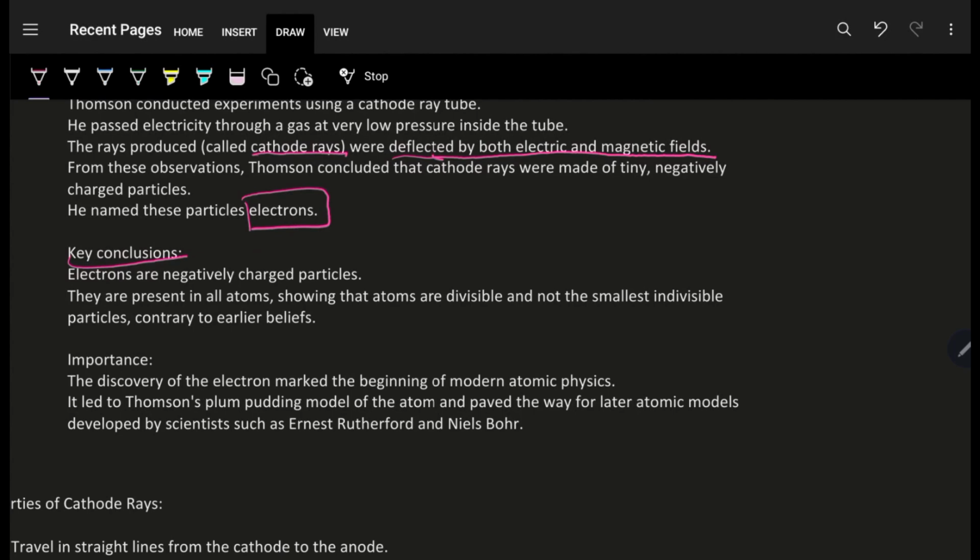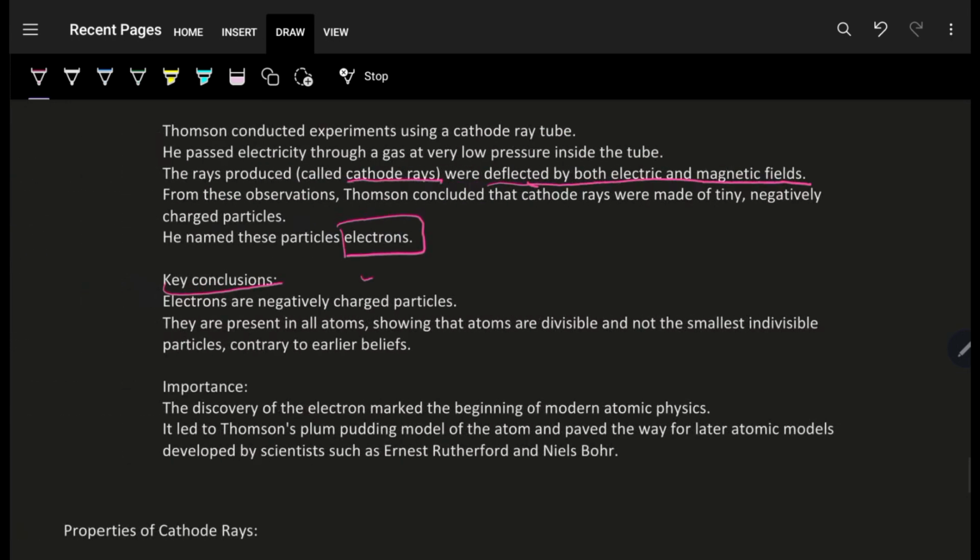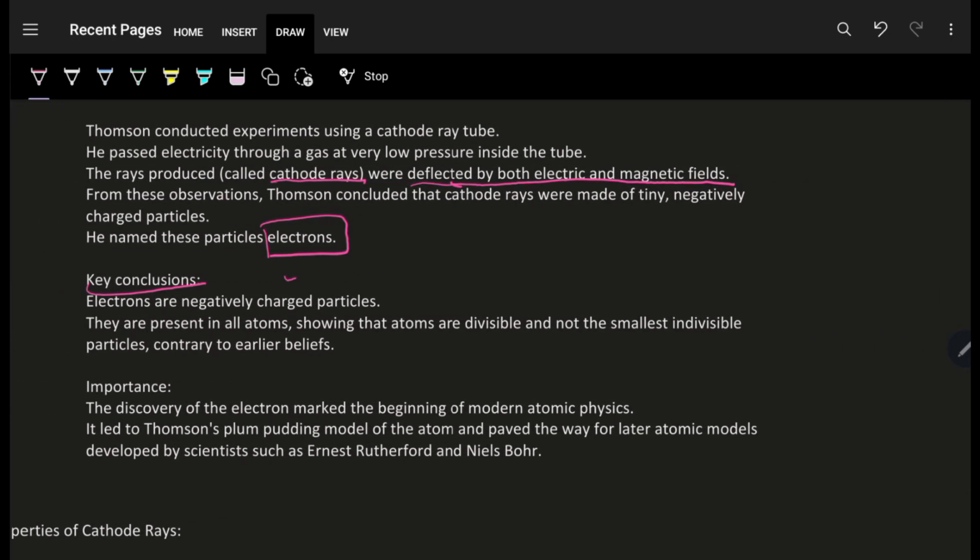The cathode rays were made up of particles which were known as electrons. They were negatively charged. So electrons are negatively charged particles and they are present in all atoms, showing that atoms are divisible. Because you know from Dalton's atomic theory, it was said that atoms are indivisible. So here you can see कि नहीं, atom के अंदर electrons भी होते हैं.